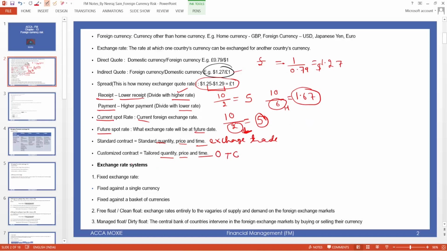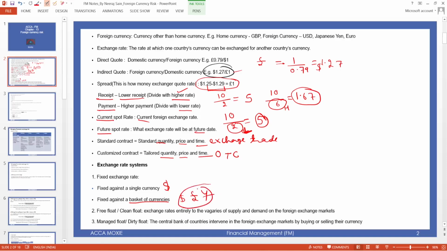Okay. Next one is the exchange rate system. How does this exchange rate fluctuate? It can be defined by this exchange rate system. There is one mechanism called single currency. It can fluctuate with a single currency, the dollar, or it can be linked with a basket of currencies like dollar, pound, and yen.